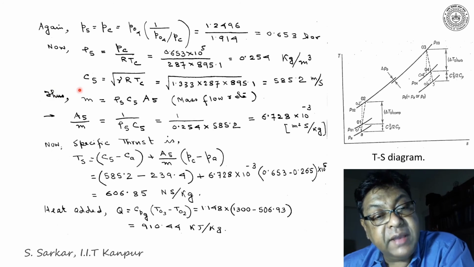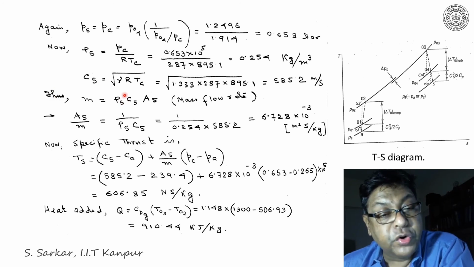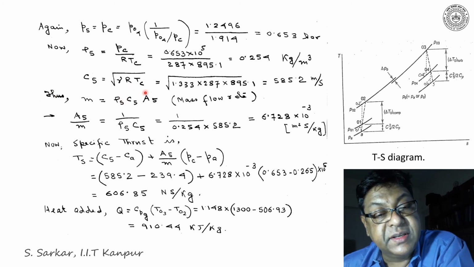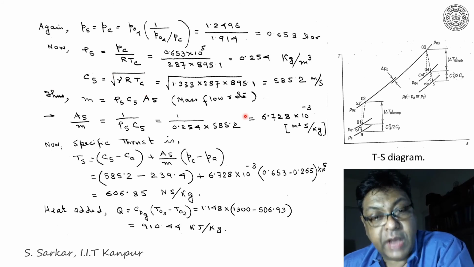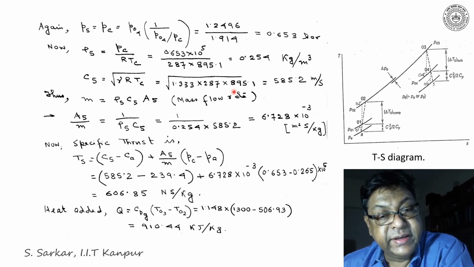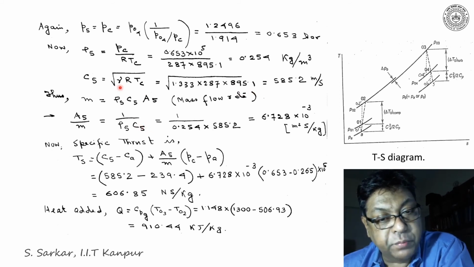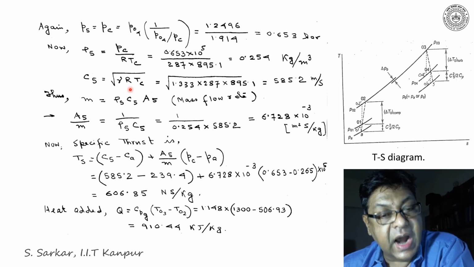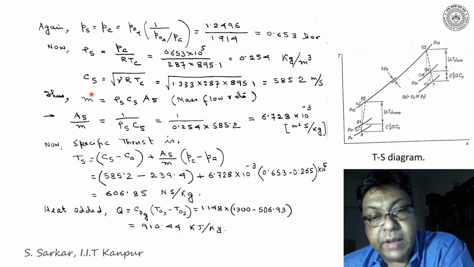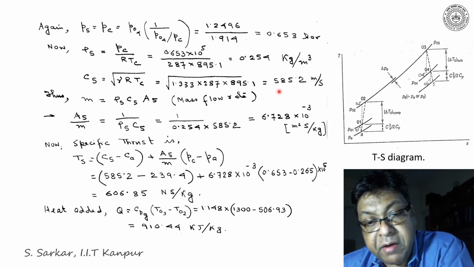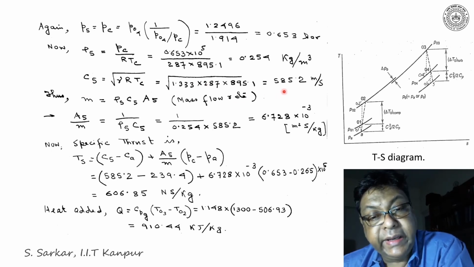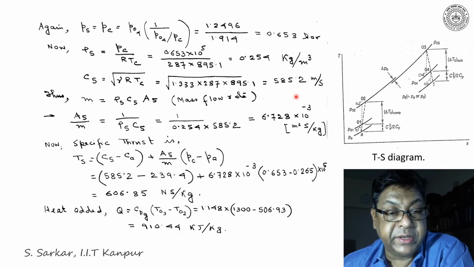Now C5 is equal to root over gamma R into TC. I know TC as 895.1. I know the value of gamma as 1.333. R is equal to 287. Thus I have calculated C5, which will be here 585.2 meter per second.